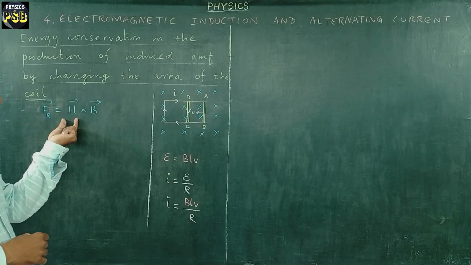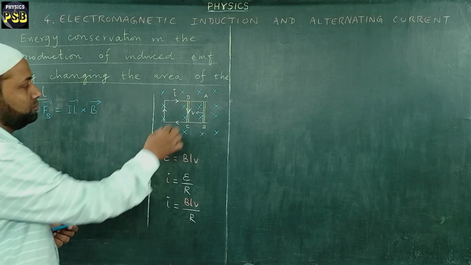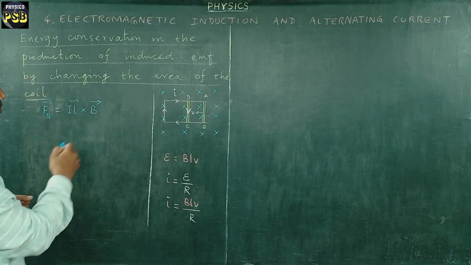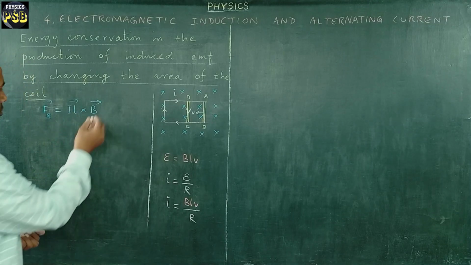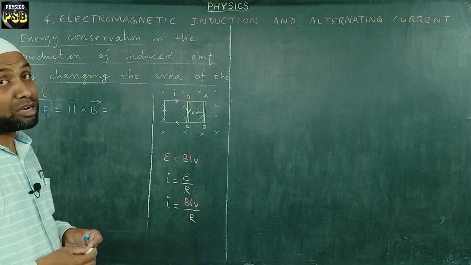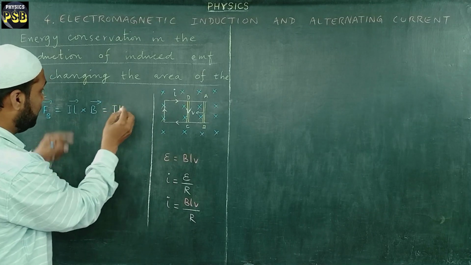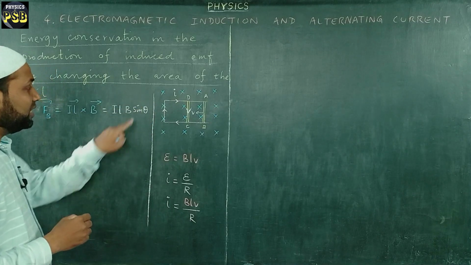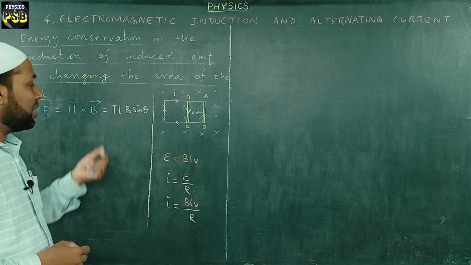Here IL vector is nothing but the current element, the part of the conductor which carries the current, and B vector is the magnetic field. When two vector quantities are in cross product, it can be expanded as ILB sin theta. Here theta is the angle between current element IL vector and magnetic field B vector.